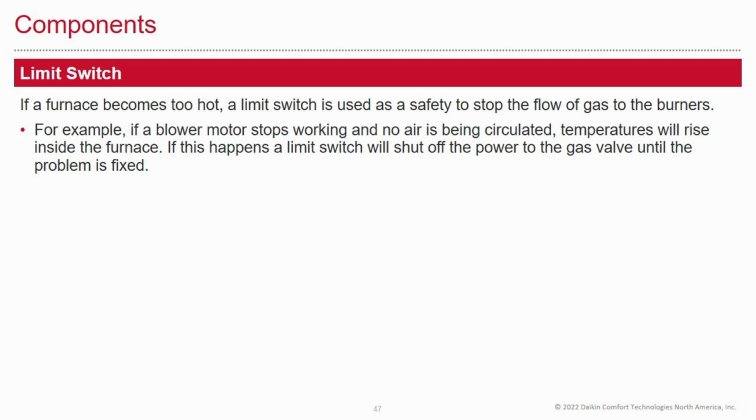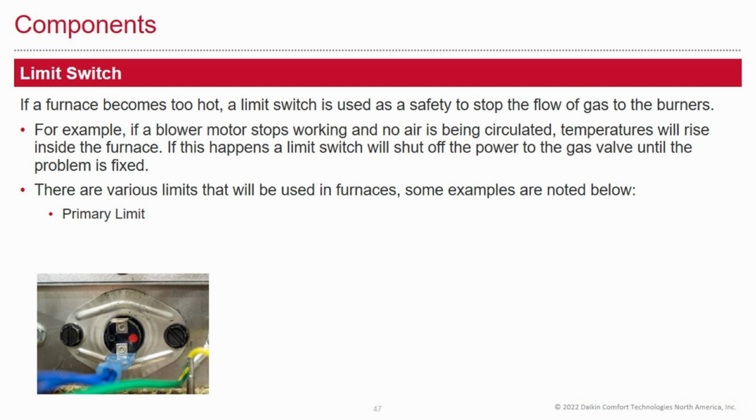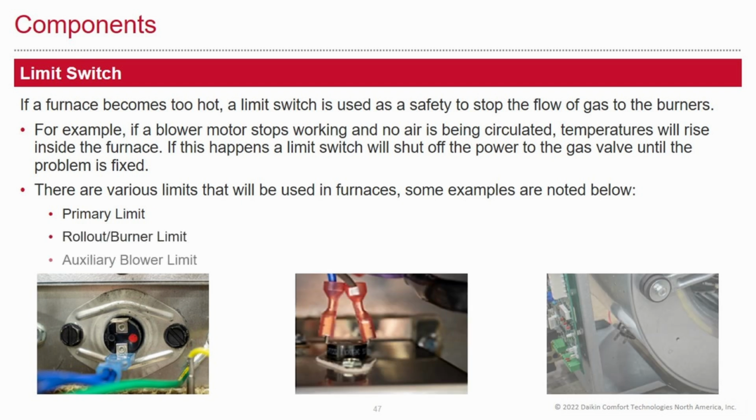If this happens, the limit switch will shut off the power to the gas valve until the problem is fixed. There are various limits that will be used in furnaces. Some examples are below, such as a primary limit, rollout or burner limit, and an auxiliary limit.